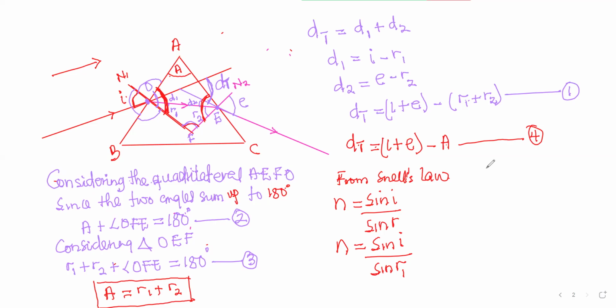From AC, the refractive index would be the sine of the angle of emergence divided by the sine of the angle of refraction R2. Whether from left to right or from right to left, the value must be the same. Please, is there any question?